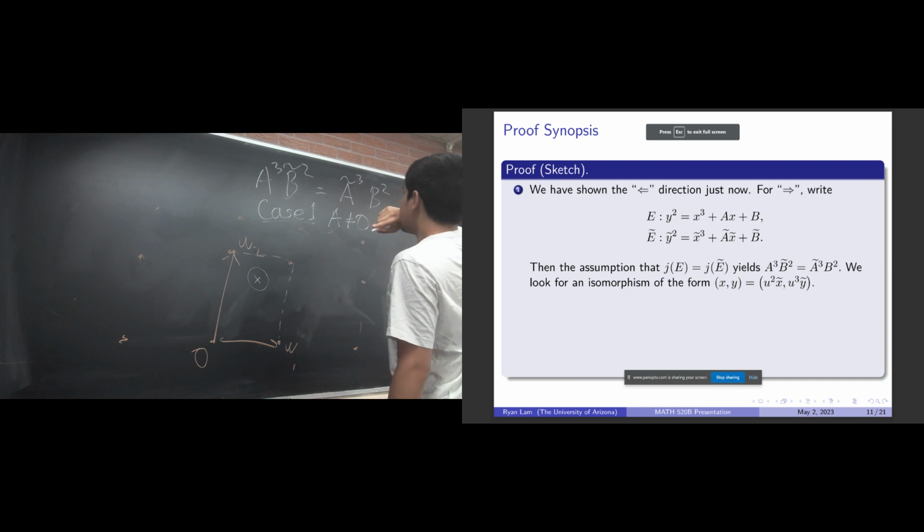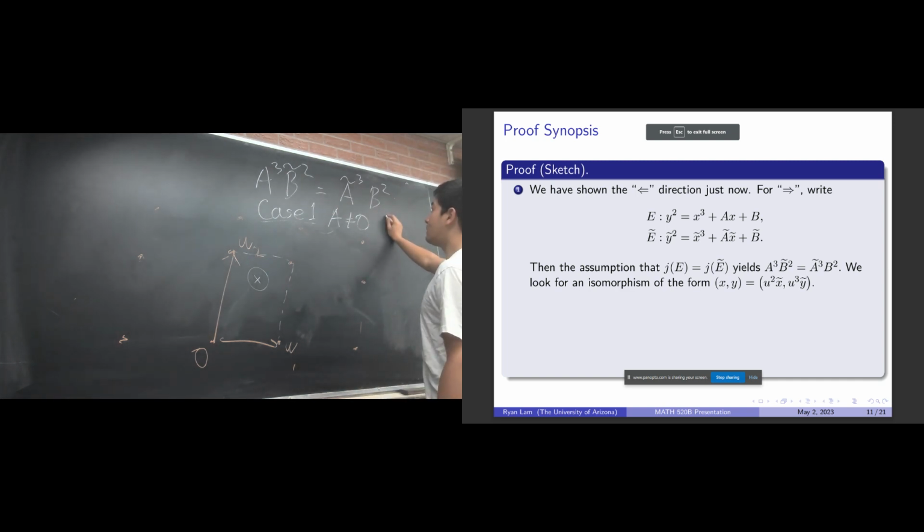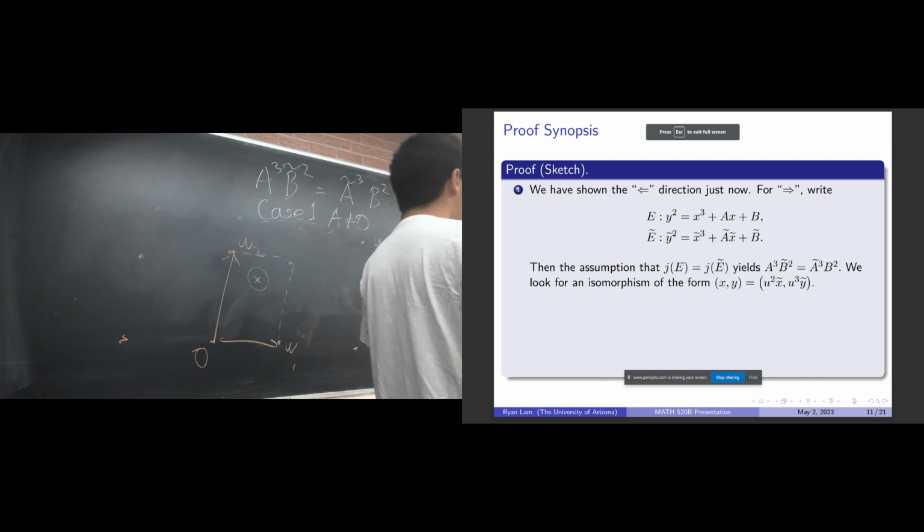Let me see. I think we can take u equal to a tilde over a, to the 1 over 4. And you can show that this is indeed the coordinate change by plugging it in here. The 1 over 4 here can be any fourth root. There are 4.